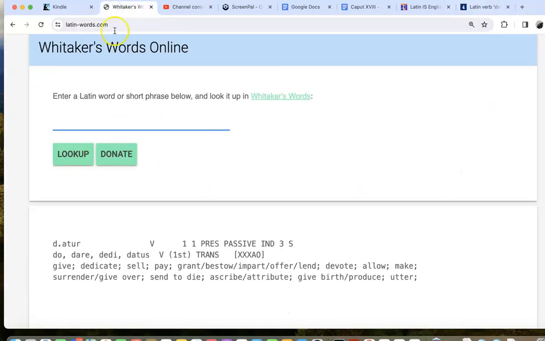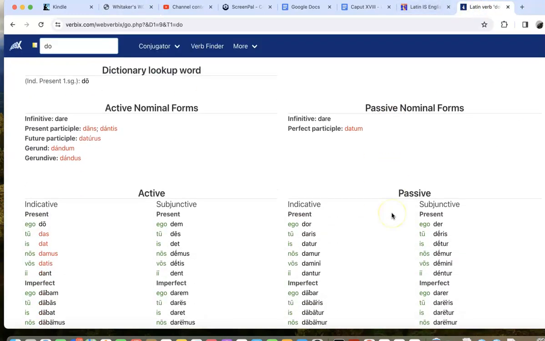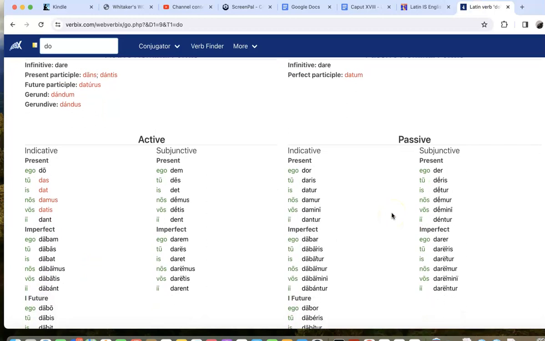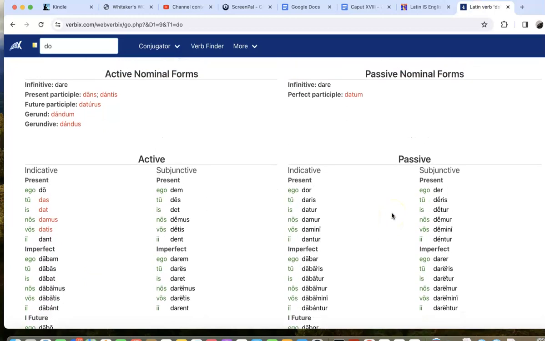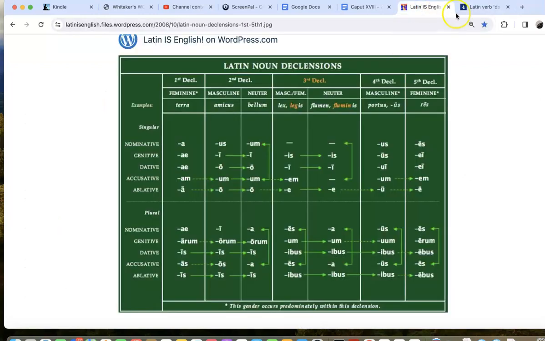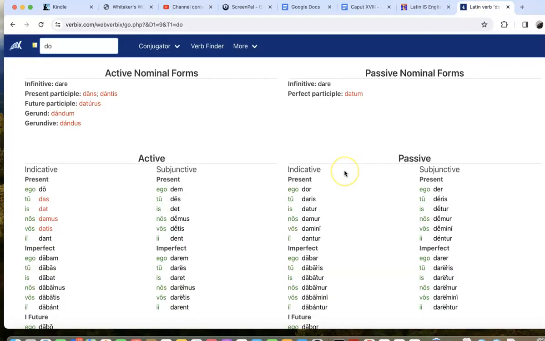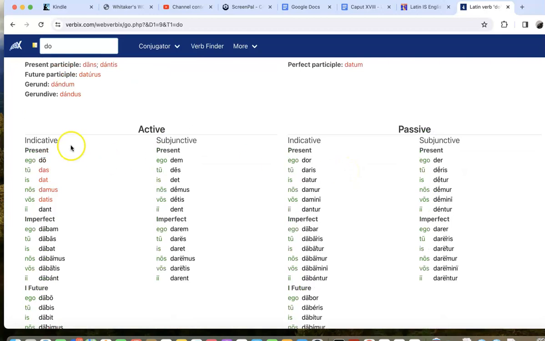So if you go back to chapter 1, do, I give, this is the full panorama of the verb conjugation and the verb voice and the verb mood. You can see it's much more formidable in one sense than the Latin declension, because you need to know this for all of the verbs. So you need to know the indicative, but you also need to know the subjunctive, which we haven't had yet.